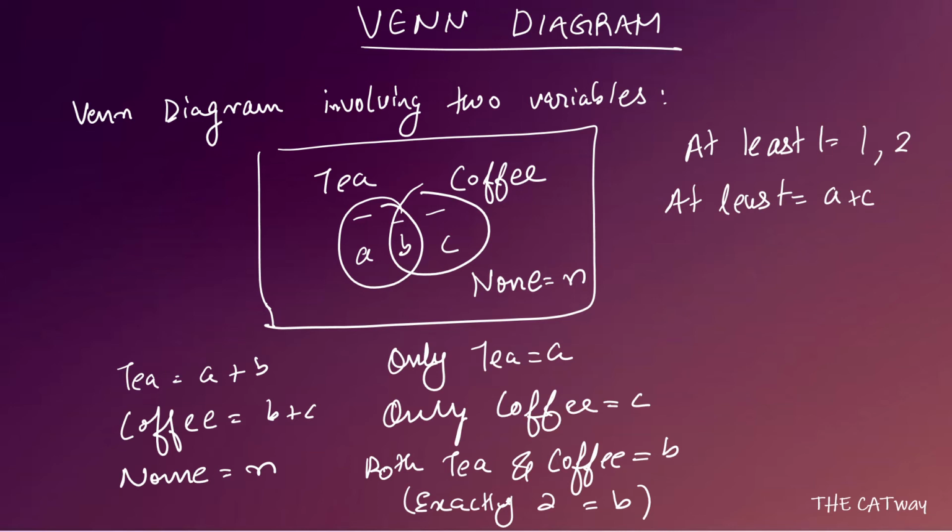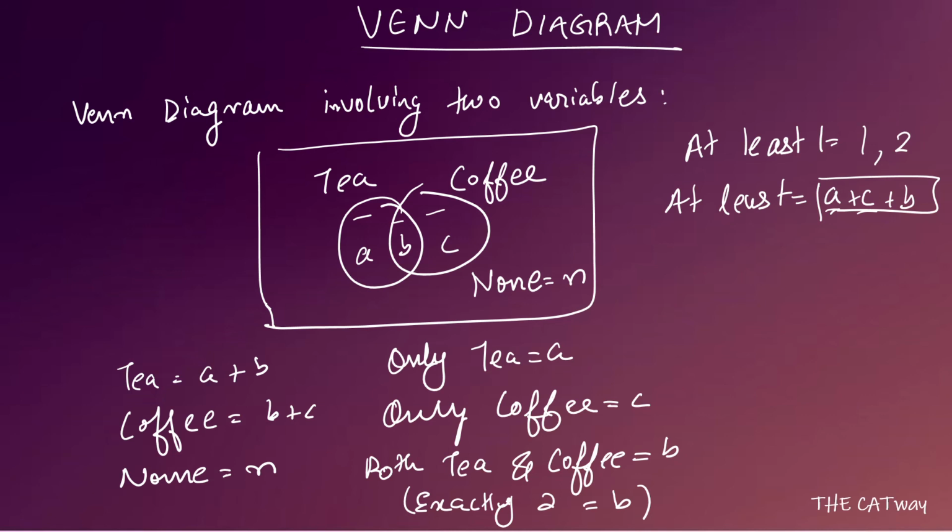At least one means the minimum will be 1, so what is the maximum value? The maximum value in this case is 2, that means a person can like both the items. So at least will also include b in that. Okay, so this will be your value of at least 1.